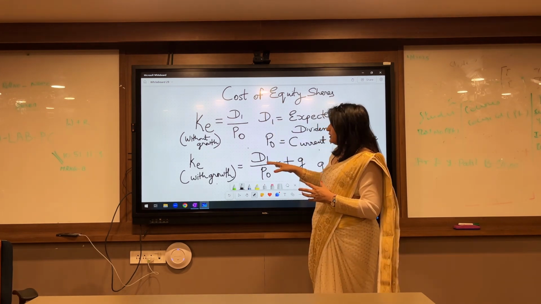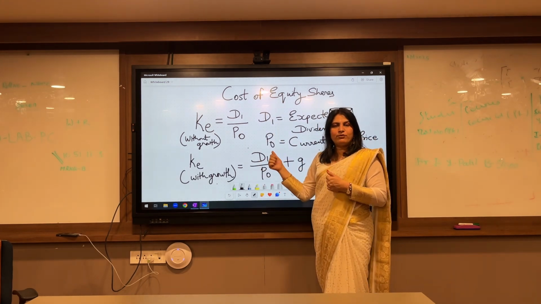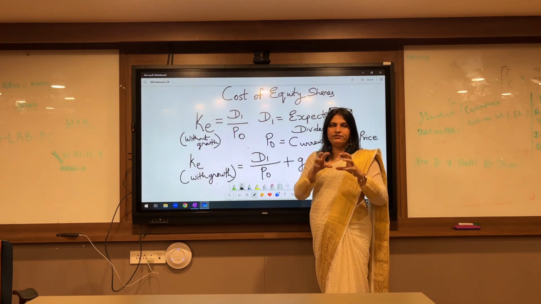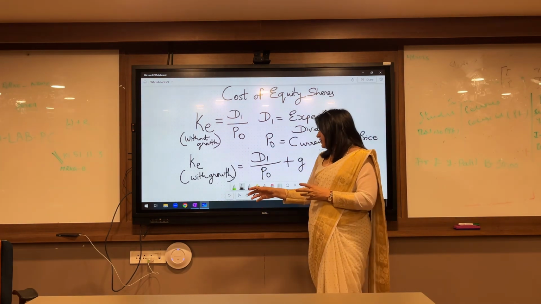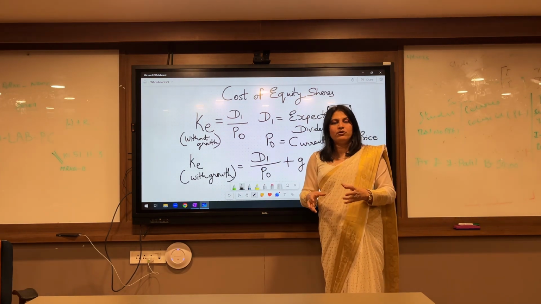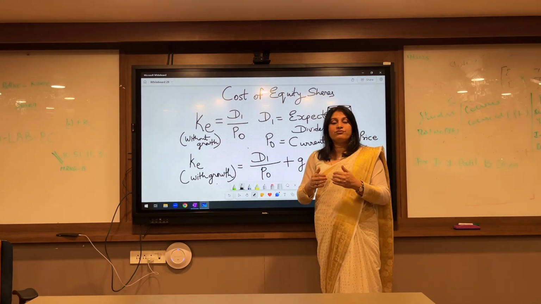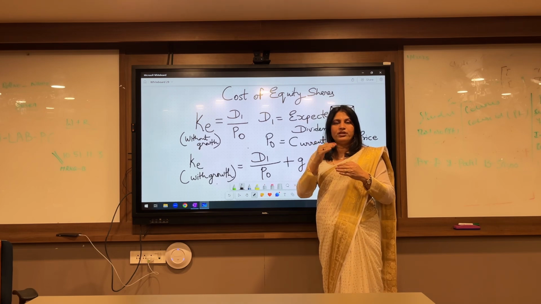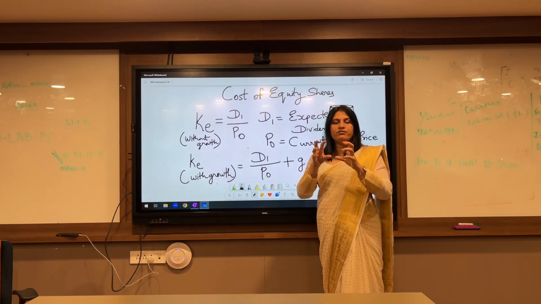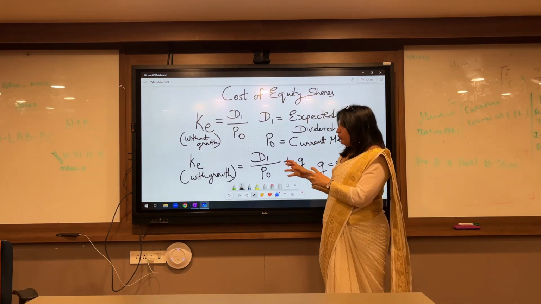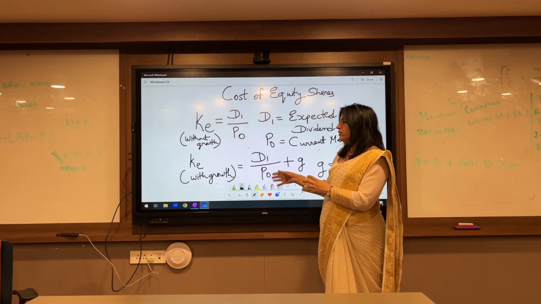The formula remains the same. You need to calculate D1, that is the dividend plus the expected dividend, divided by P0, the market price of the equity, plus G. G stands for the growth rate, which, following the industry trend, will be determined and used for calculating cost of equity with growth.